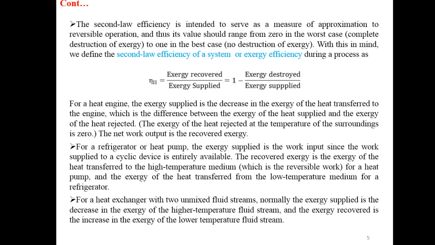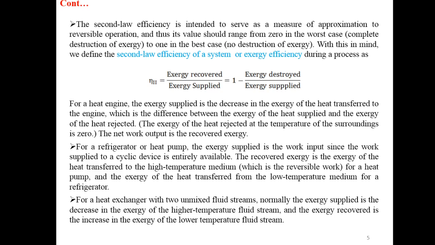The second law efficiency is intended to serve as a measure of approximation to reversible operation, and thus its value should range from 0 in the worst case, that is complete destruction of exergy, to 1 in the best case, that is no destruction of exergy.